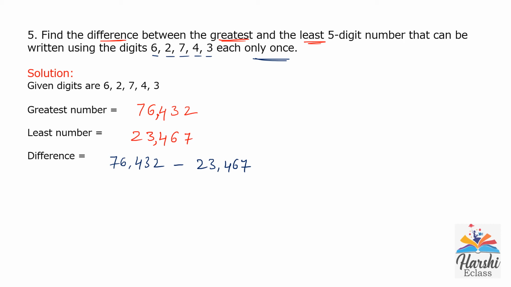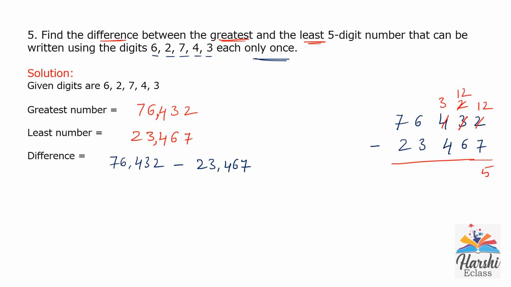Write those numbers here and do the subtraction. 7, 6, 4, 3, 2 minus 2, 3, 4, 6, 7. 2 minus 7 is not possible. So, we will borrow from 3. Then 3 becomes 2 and this 2 becomes 12. 12 minus 7 is equals to 5. Again 2 minus 6 is not possible, so borrow from 4.